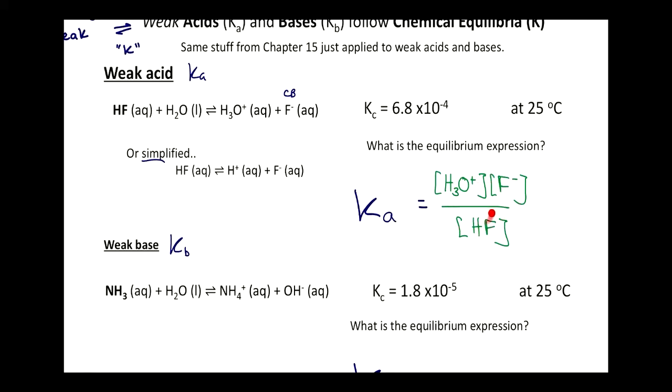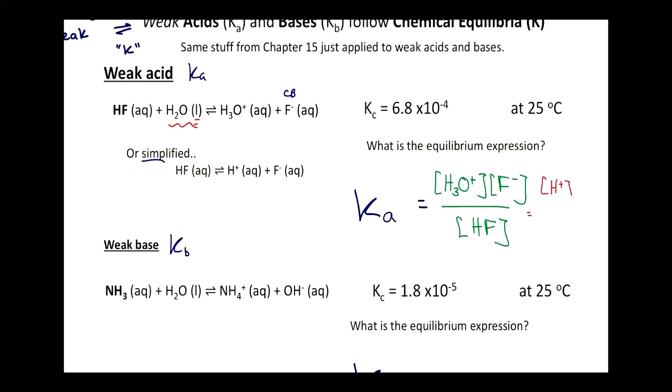So this expression is for that top one, but if you write it again for the simplified version, notice how I didn't include that water molecule because it's a liquid. Only things that are aqueous or gases go into the K expression, so we don't use that water. So for the simplified version, you'll see that it's the exact same expression.